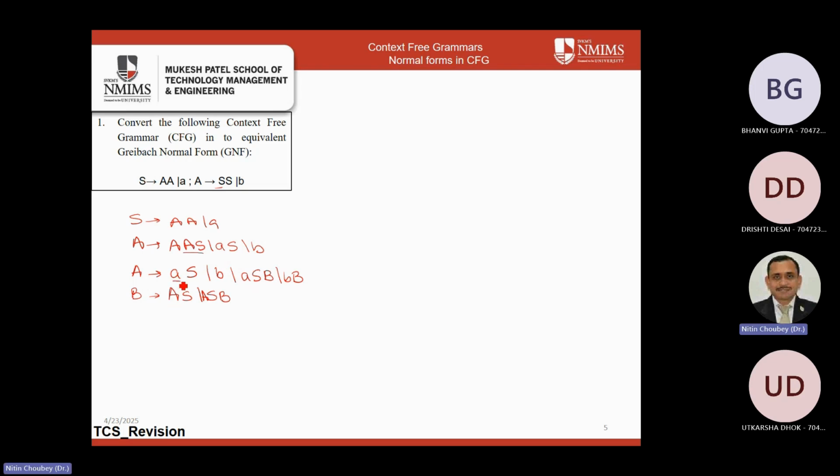Here we have this and this in the form of GNF now. Let's substitute A in B. So after substitution, we will have A gives AS bar B bar ASB bar BB, and B is equal to, just replace this A with these all.